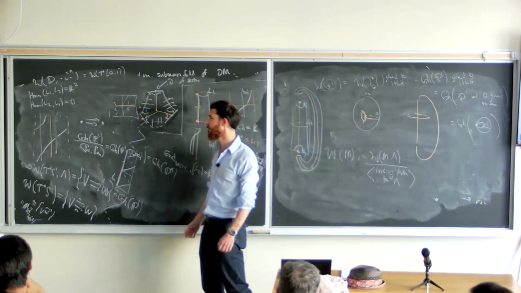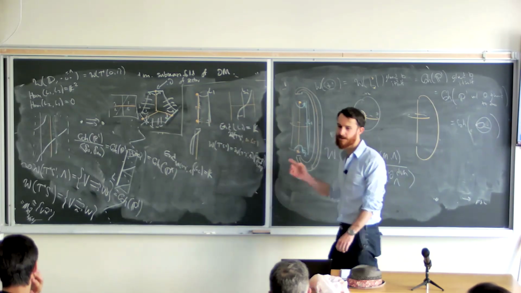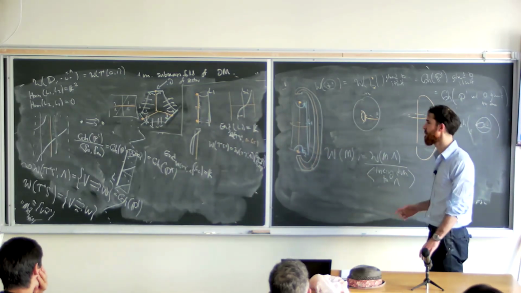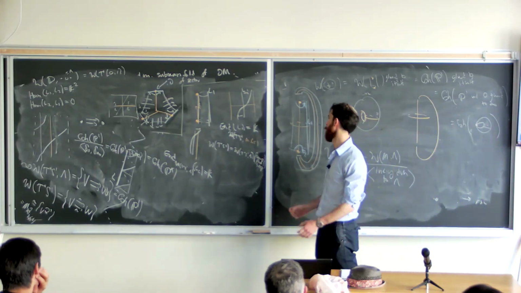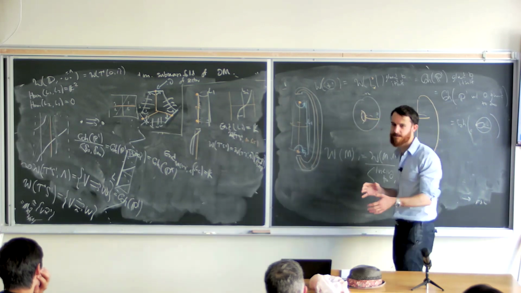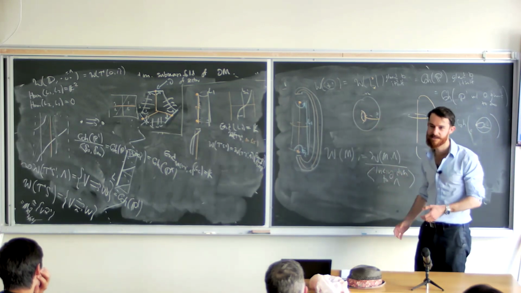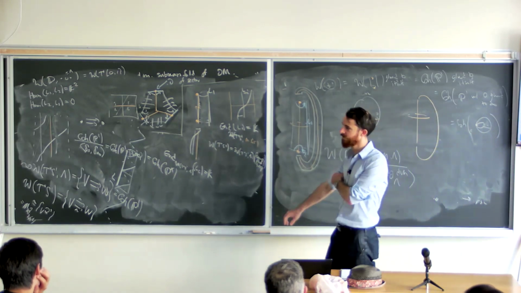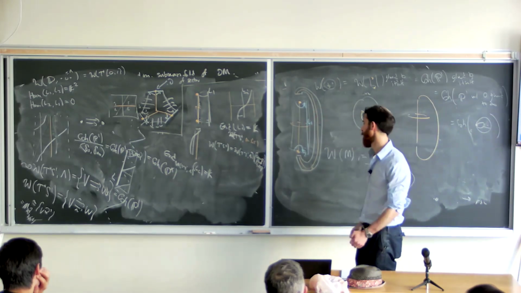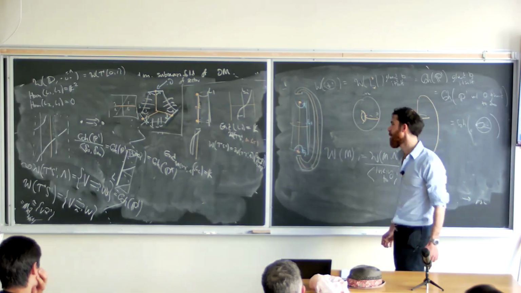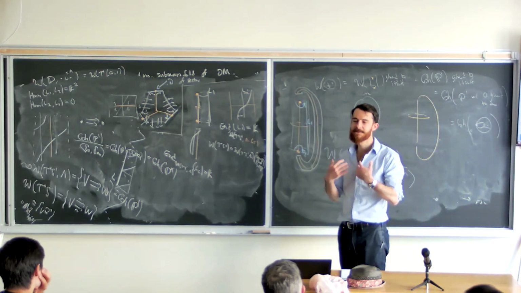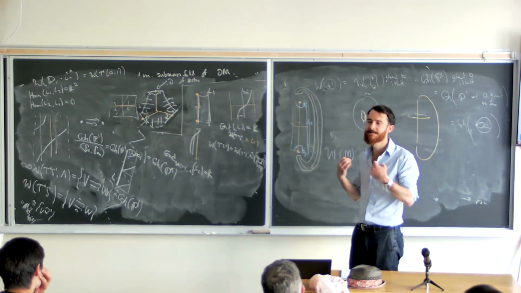Well, so the unwrapped Fukaya category, as I've defined it on the board here, was an A infinity category. I didn't define the composition maps, but they came from counting holomorphic disks. So that was an A infinity category. And then I took a localization of that. But to me, as a person, A infinity category just means category.